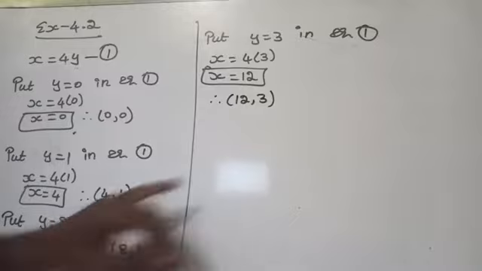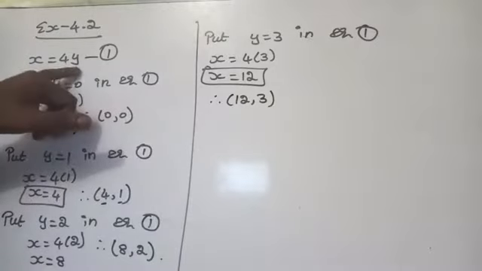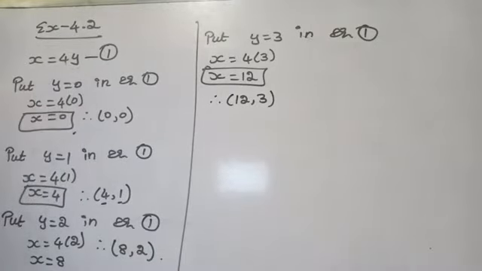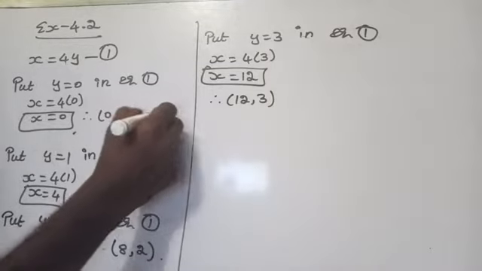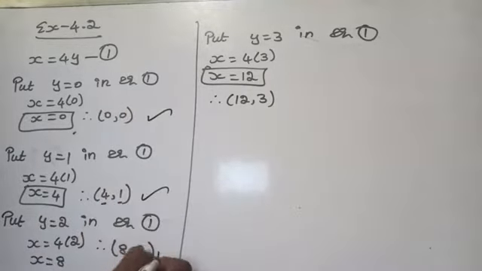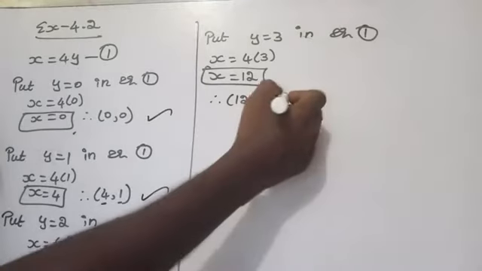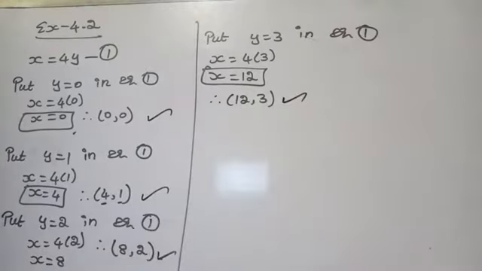So now what is the value of y here? 3. Substitute here, 4 3s are what? 12. x value is 12. Therefore 12 equal to 12. It satisfies. Now we found 4 solutions for the given equation x equal to 4y. What are the solutions? 0 comma 0, 4 comma 1, 8 comma 2 and then 12 comma 3. These are the 4 solutions for the given equation.